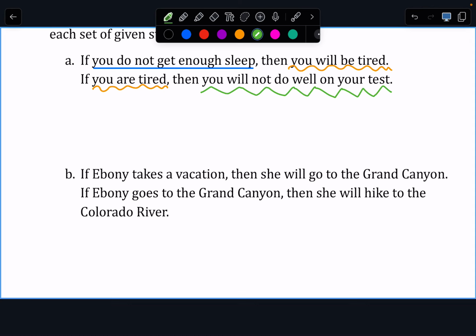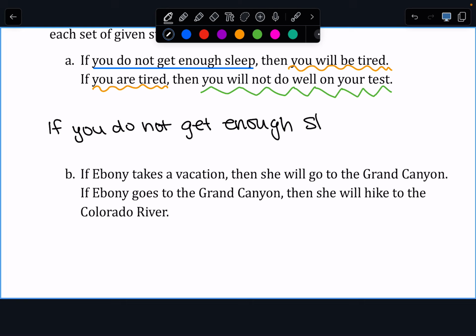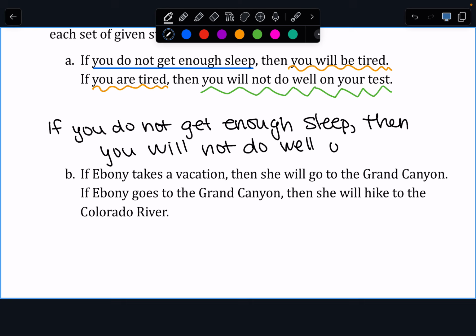Okay, so do you notice how I gave the same squiggles under the statements that matched? Okay, so do we have P implies Q and Q implies R? Yes. So what we can write is if you do not get enough sleep, then you will not do well on your test.